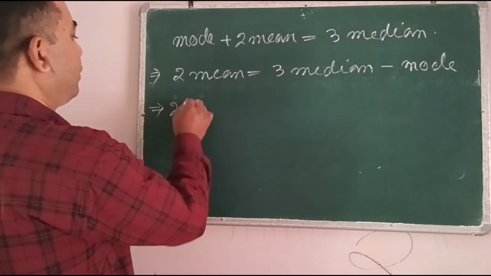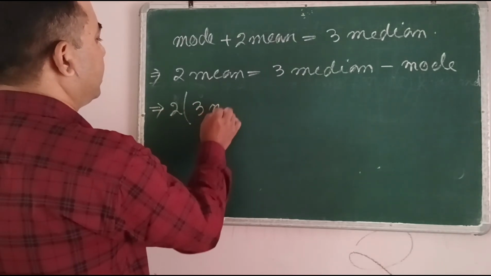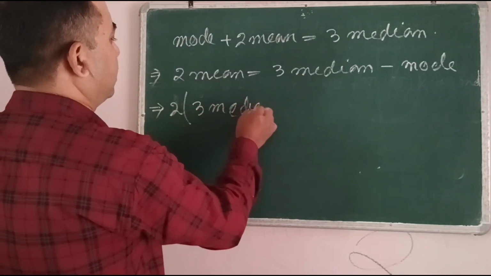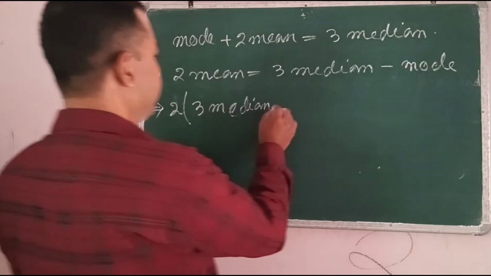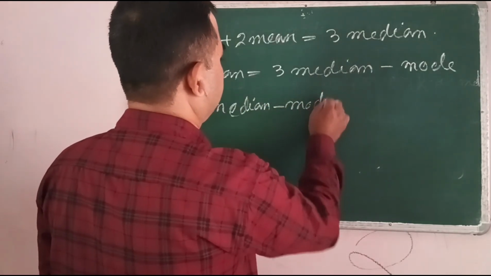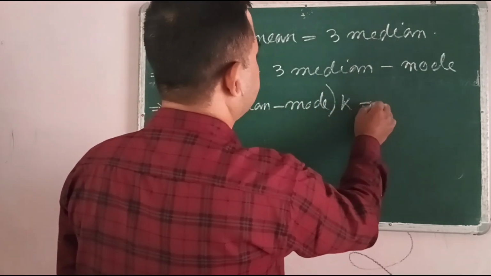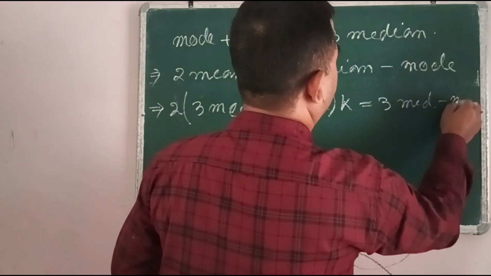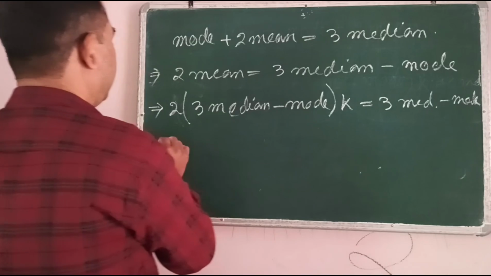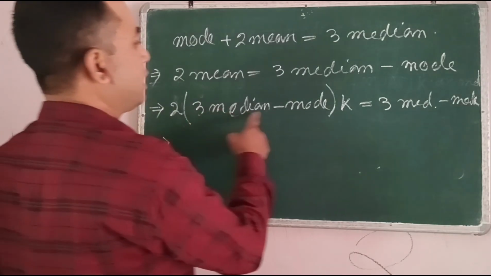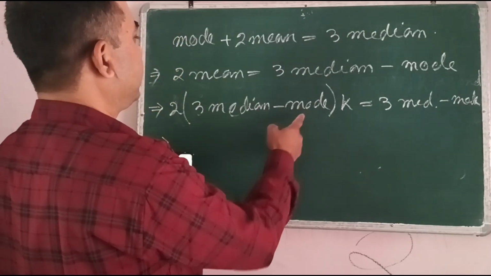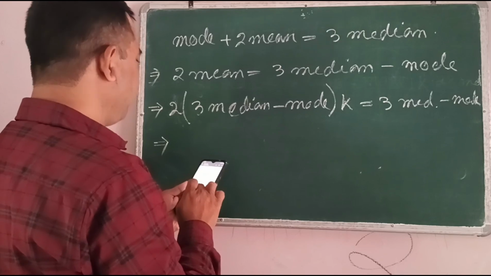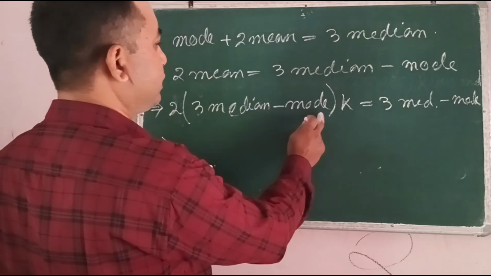Now 2 into mean means what? It is also 3 median minus mode into k, which is equal to this one, 3 median minus mode. In place of mean we have just put this one.